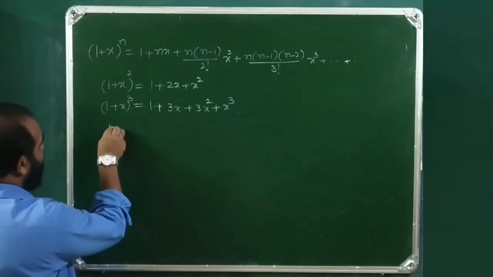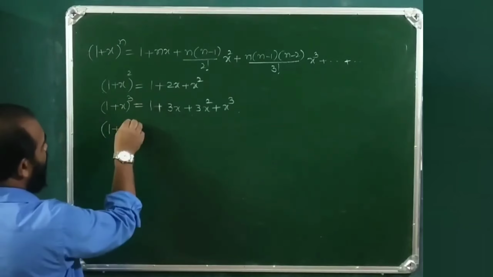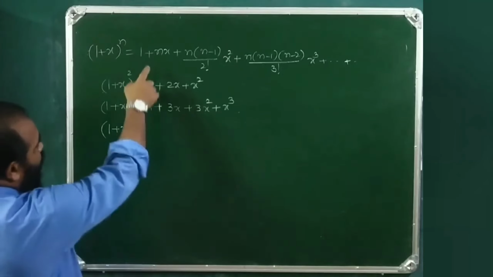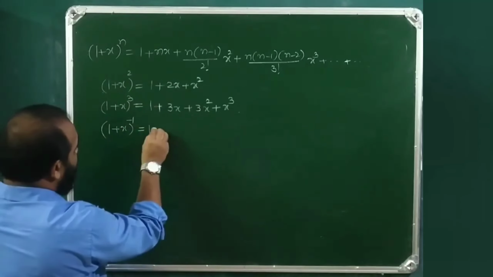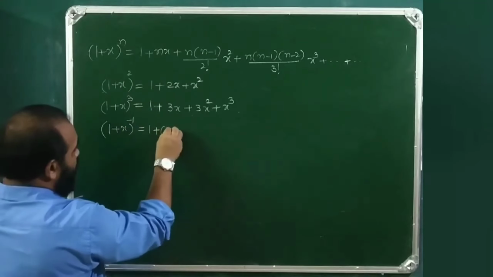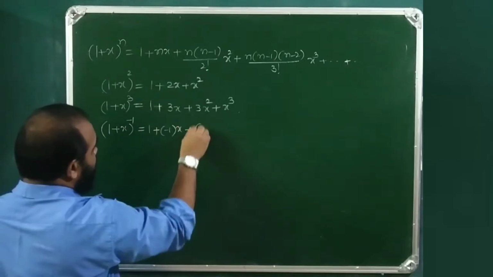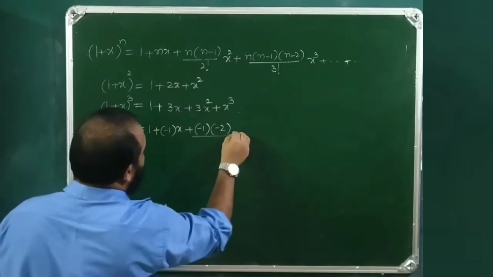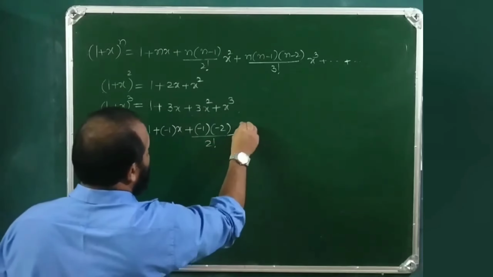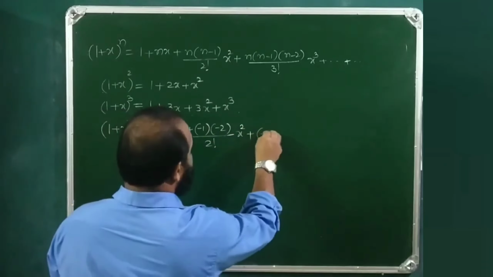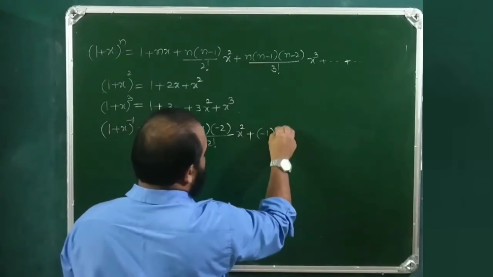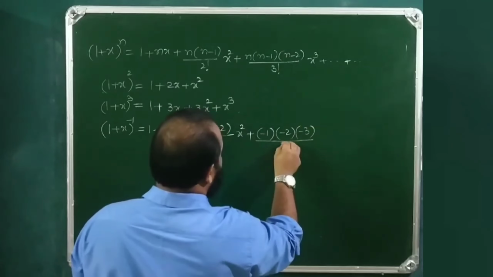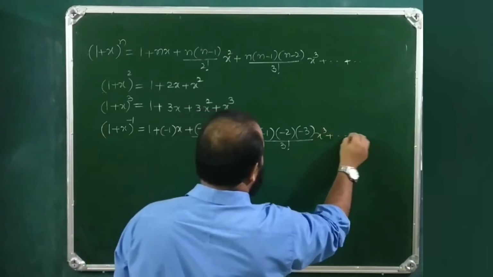So let us see (1 + x)^-1. Here, in the place of n, we substitute -1: -1 into x plus (-1)(-1 - 1), which is -2, by 2 factorial into x^2, plus (-1)(-2)(-3) by 3 factorial into x^3, plus so on.